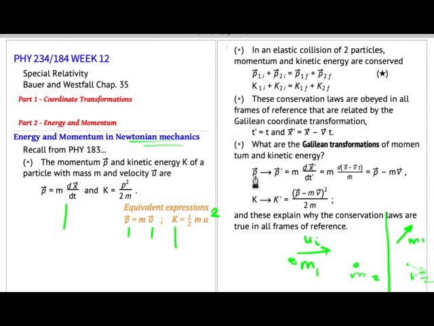Namely, well, let's look at momentum. Let's look at it in one frame of reference. Well, we have P1i plus P2i is equal to P1f plus P2f. Now let's look at it in a different frame of reference, a moving frame. P1 prime i plus P2 prime i will just be P1 plus P2 minus 2mv.